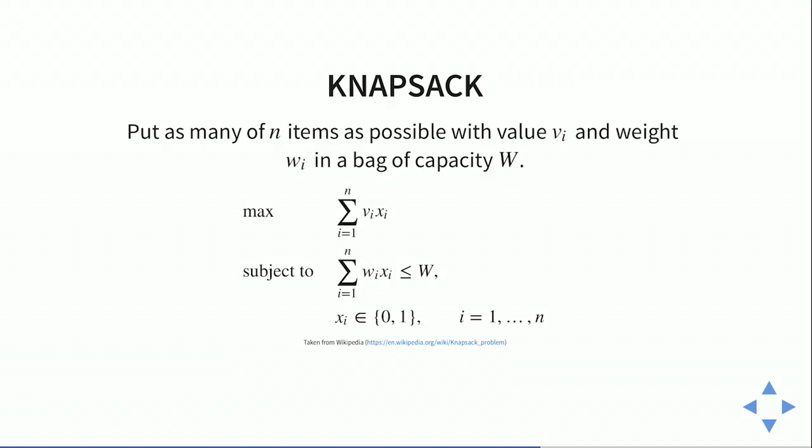You can formulate that as an integer program. And the way you would do it, you would create a variable xi for each item. That's 1 if you take it with you, and 0 if you don't. And you maximize the weighted sum of these items with the values, subject to the total weight, and that needs to be smaller or equal to your capacity.